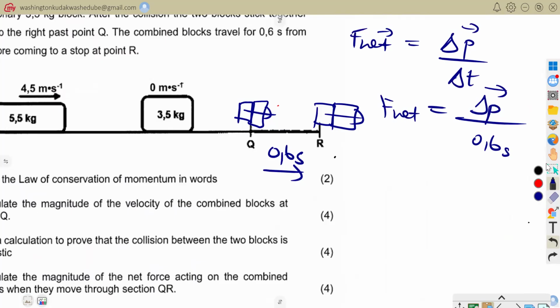So we also know that change in momentum can be given by mass 1, let's say, mass 1 V1 initial. Let me write it neatly here.